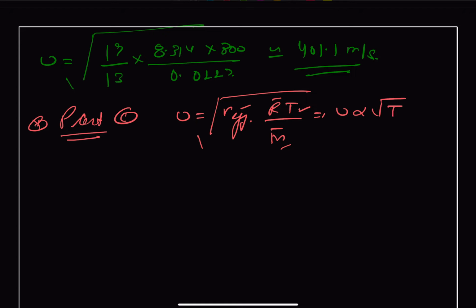And this change in velocity, we can say that our delta V upon V will be approximately equal to 1 by 2 delta T upon T. And change in temperature is obviously only 1 Kelvin, therefore this can be written as 1 by 2 multiplied by 1 divided by 300, and approximately this will be equal to 0.00167.